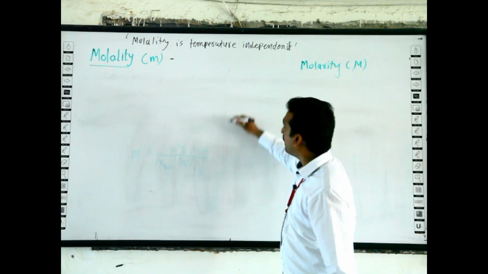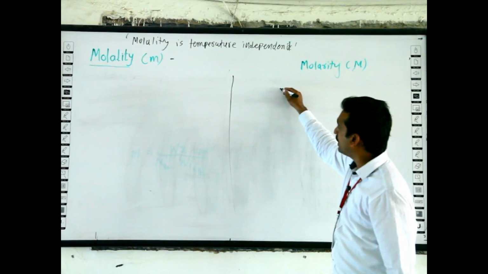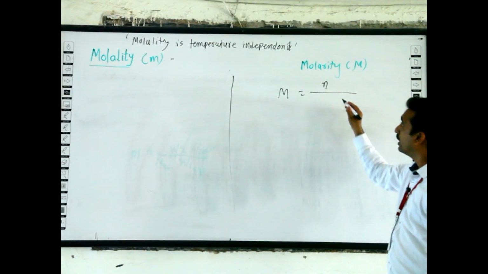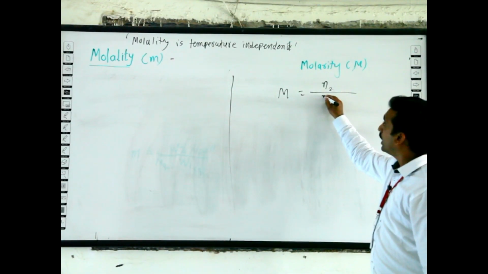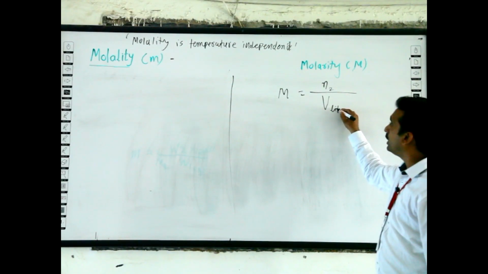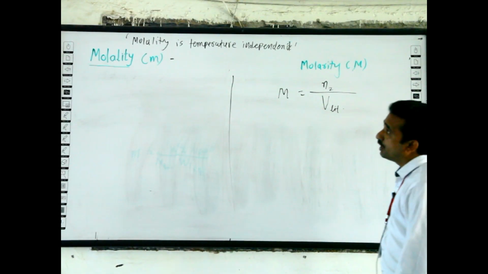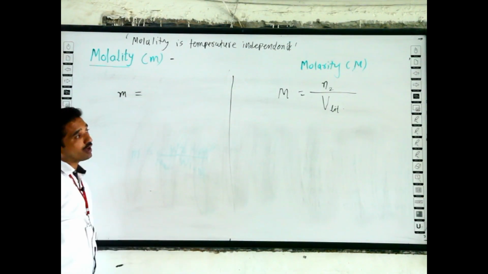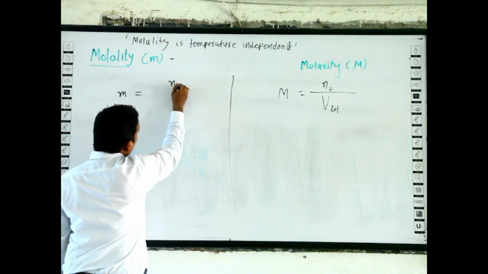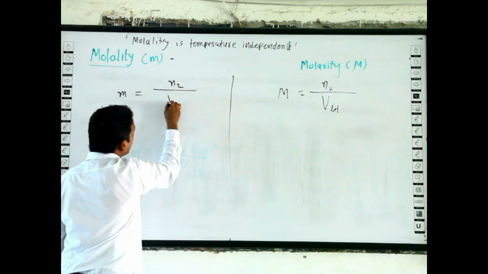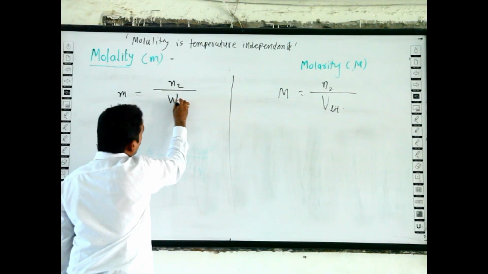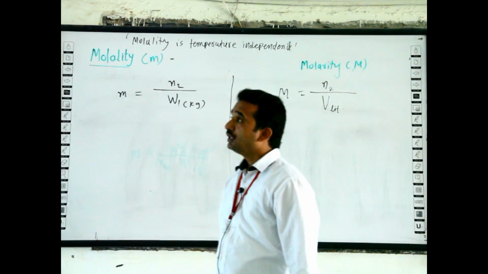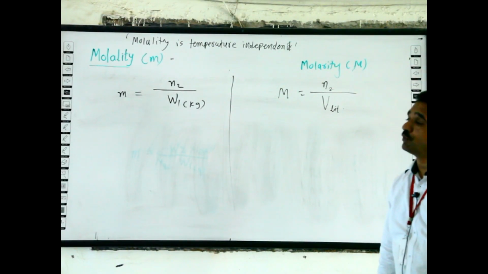Molarity, M is equals to number of moles of solute N2 divided by volume of solution in a liter. Here molality, expressed by small m, equals N2 divided by W1 in kg. This is the main difference between them.